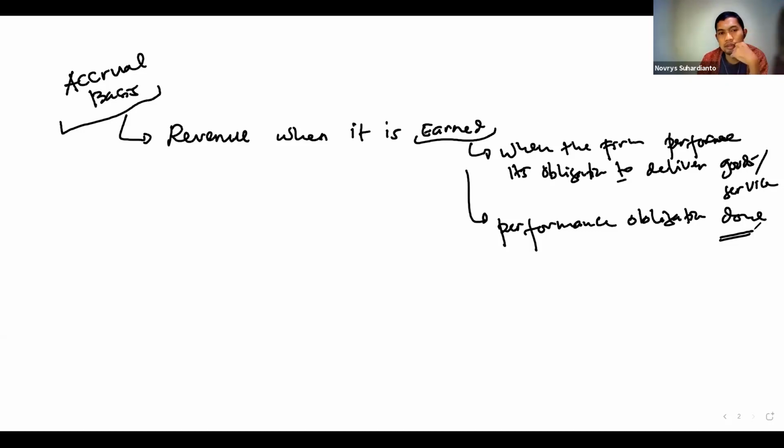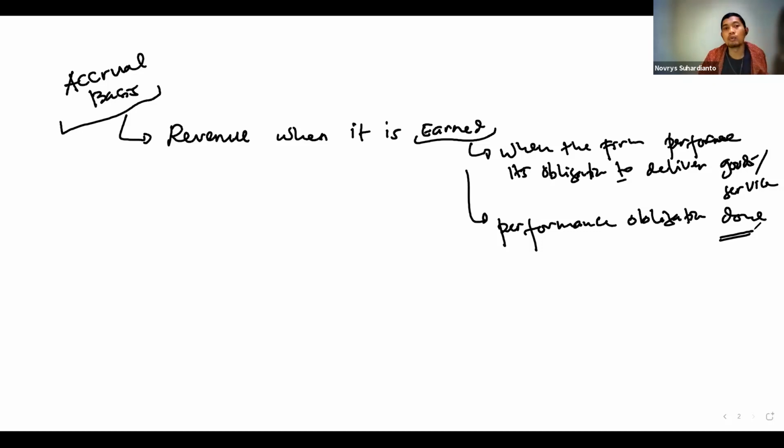For example, a customer purchased some inventory from the business and you already delivered the inventory to the customer. Once you deliver the inventory, you record revenue, although the customer has not paid yet.